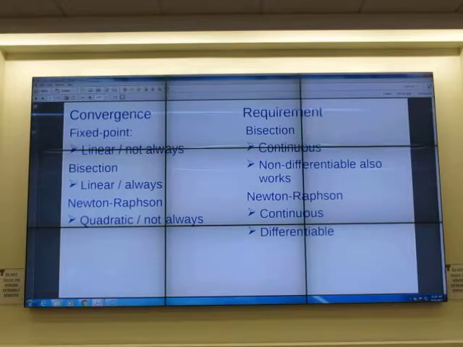The bisection method has slow linear convergence, but it always converges. Newton-Raphson is quadratic, but it does not always converge. The requirement for the bisection method is that your function has to be continuous. Non-differentiable is okay, but for Newton-Raphson, it has to be both continuous and differentiable.